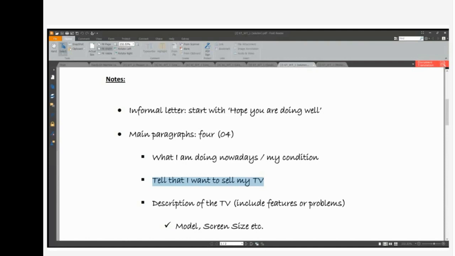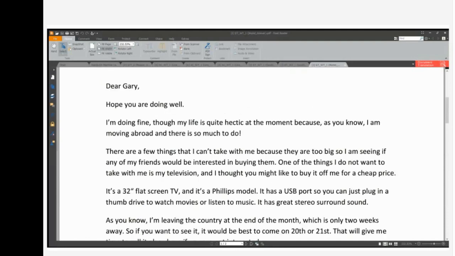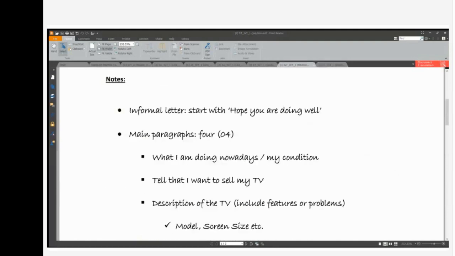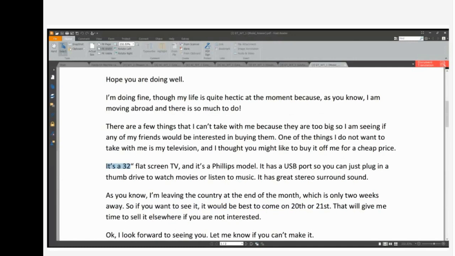Now you have to describe your TV and its specifications. So it's a 32-inch flat screen TV and it's a Philips model. It has a USB port so that you can just plug in a thumb drive to watch movies or to listen to music. It has great stereo sound, surround sound.